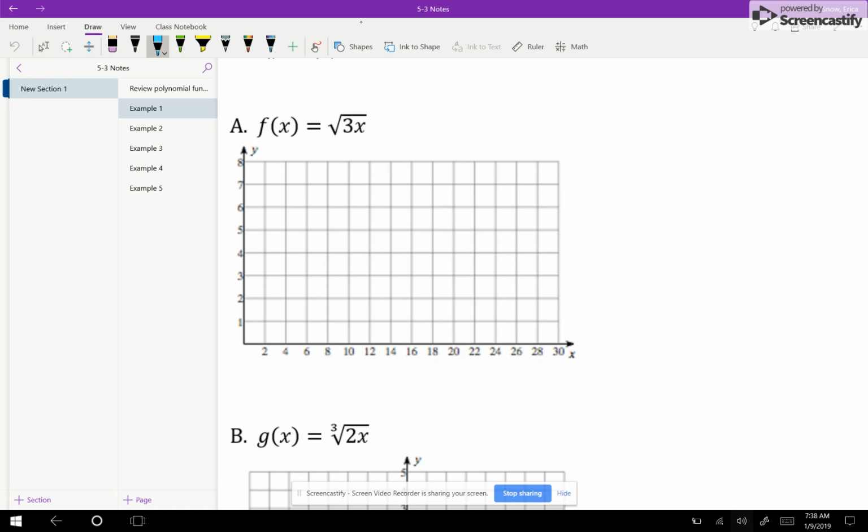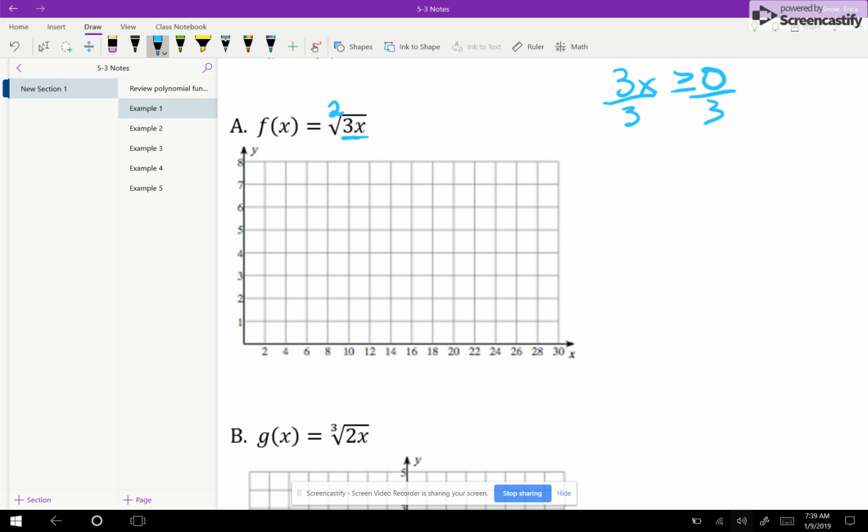So when you are taking a root and your index is even, remember, if there's nothing there, we assume that index is a 2. So this is an even index. We need to make sure that whatever's underneath has to be positive. So I'm going to make my 3x greater than or equal to 0. And it's not that it has to be positive, but it has to be non-negative.